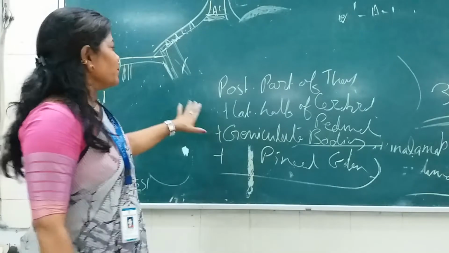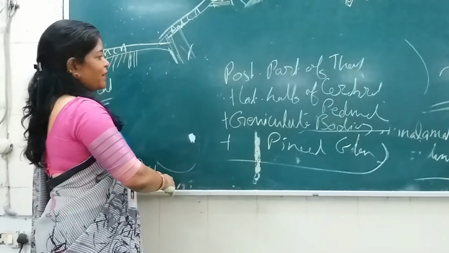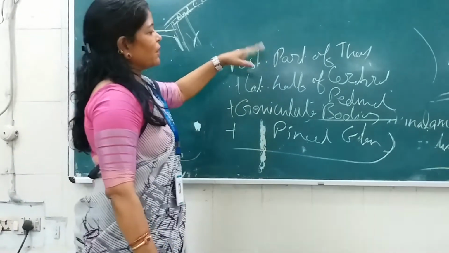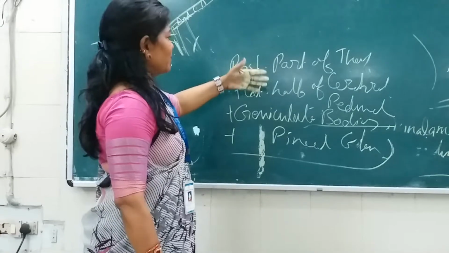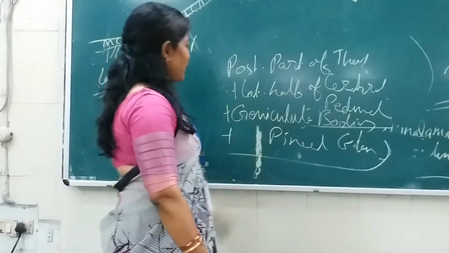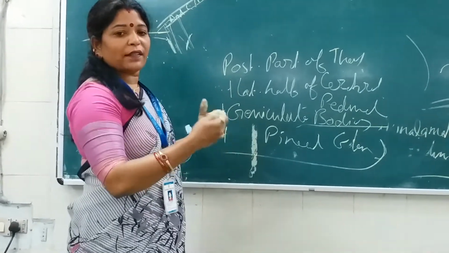I mean to say that you remember the structures, how they are present, medial aspect, lateral aspect, and you remember the areas and how they will supply them. The posterior part of the thalamus, the lateral half of the cerebral peduncle, and the geniculate bodies, just below the retrolentiform and sublentiform part.